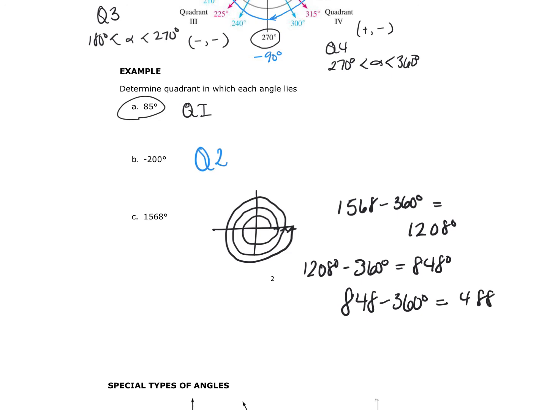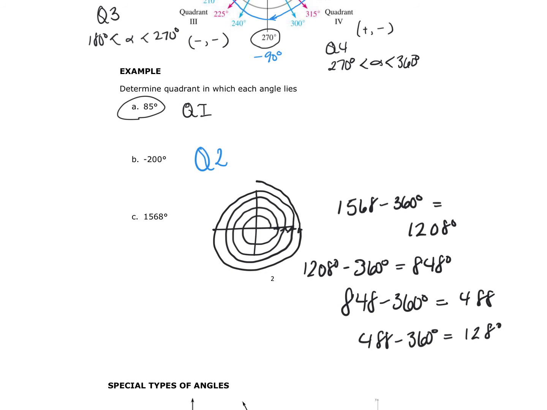Still bigger than I want. So I'm going to rotate around one more time. Then where am I? Well, I'm going to take that 488 and subtract off another 360, and I get 128. Okay, so where do I land? Well, this is at the 0 mark again.